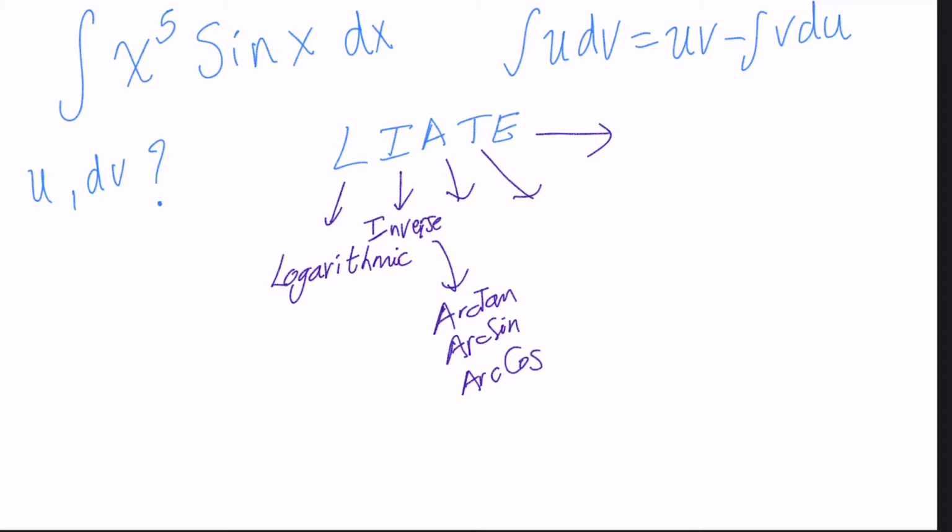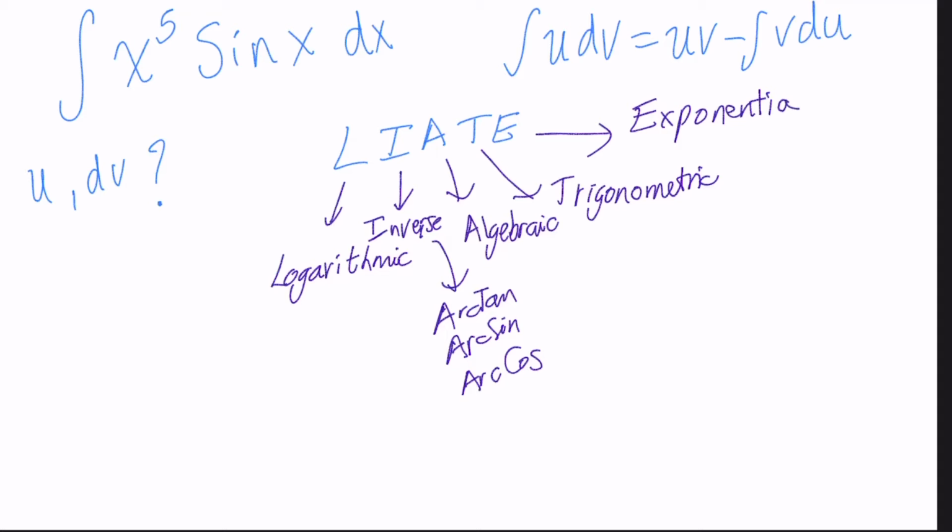A is algebraic. T is trigonometric. And E is exponential.